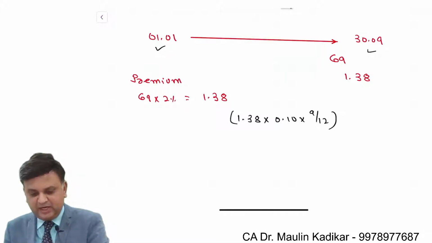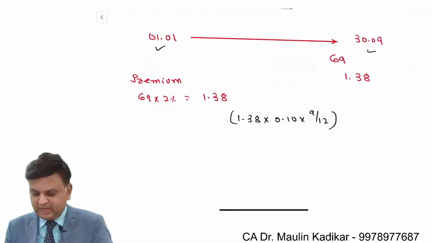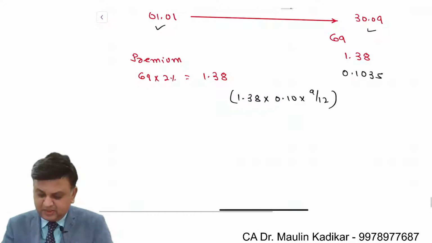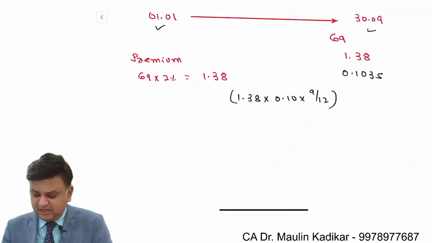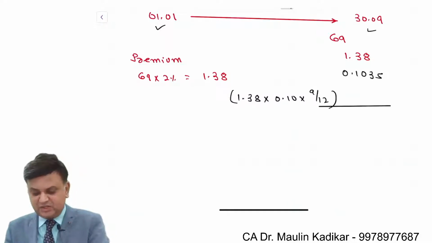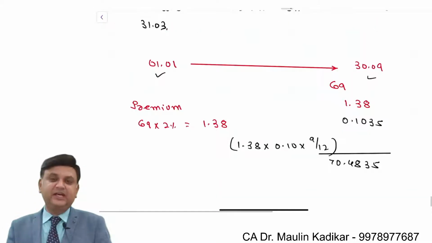So 1 rupee 38 paise into 10% into 9 divided by 12. That comes to 0.1035. It means that as I enter into the forward contract, effectively I purchased a dollar at the rate 70.4835. That is the price at which I purchased a dollar.